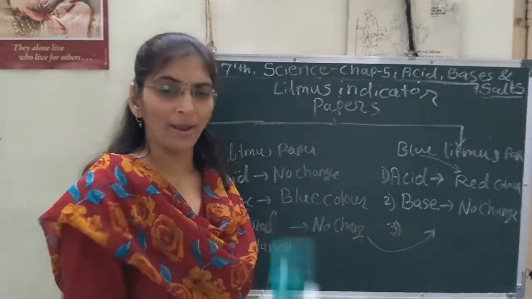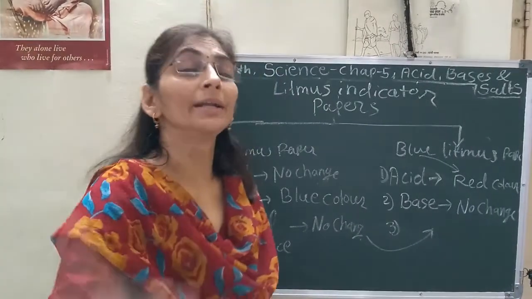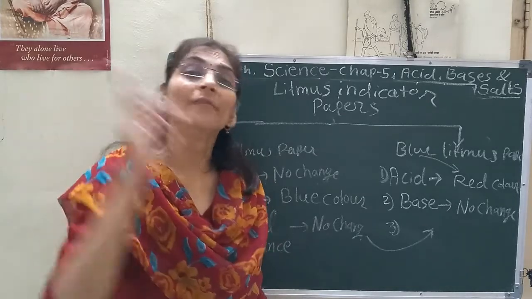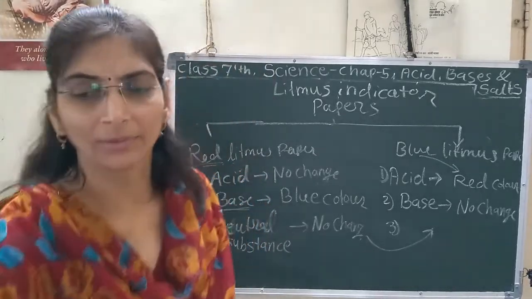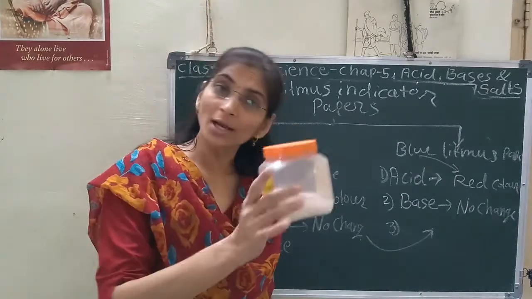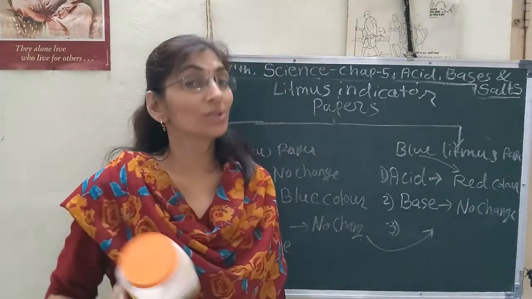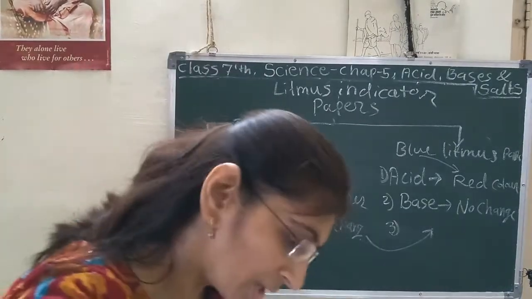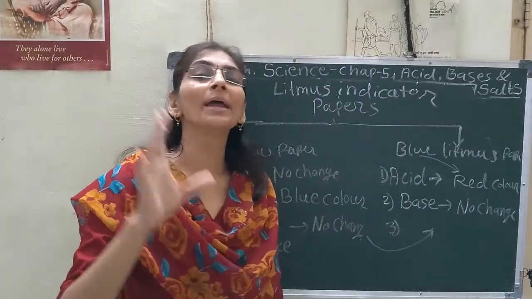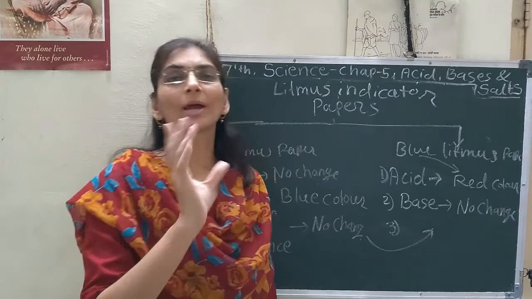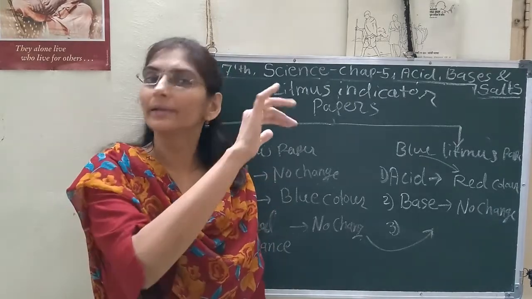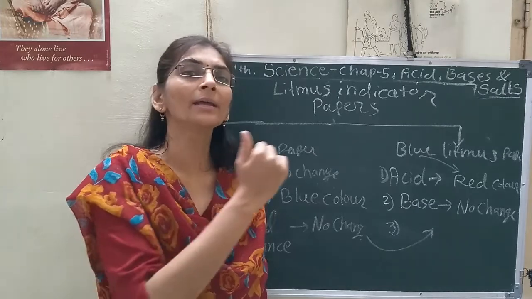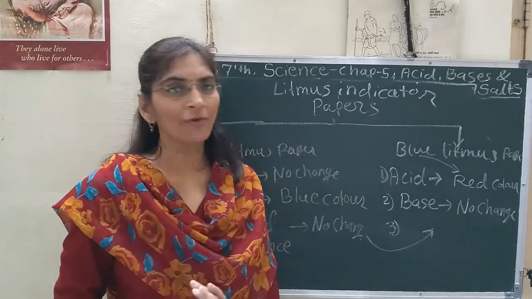Shampoo solution you have to make, detergent solution you have to make, lemon solution you have to make, vinegar solution you have to make. Again, sugar solution also you can make, salt solution also you can make. You can do this at your home. Take the litmus papers, or otherwise you can take the litmus indicator in solution form also.